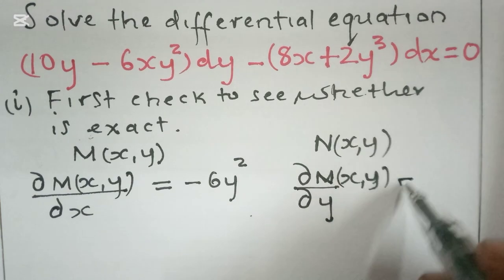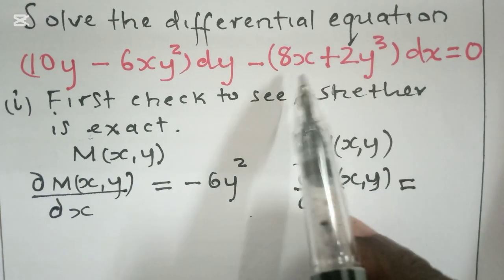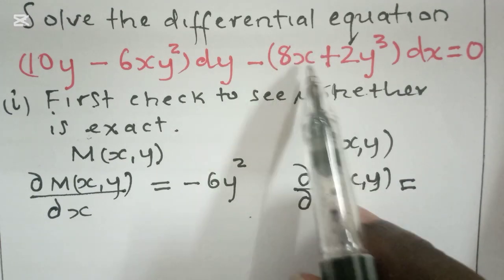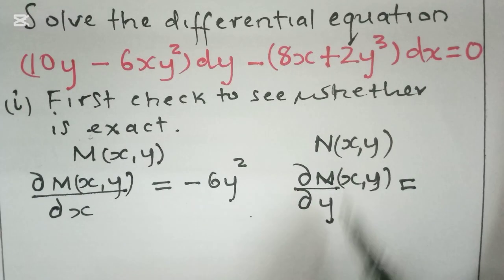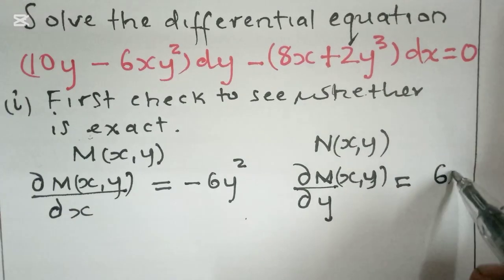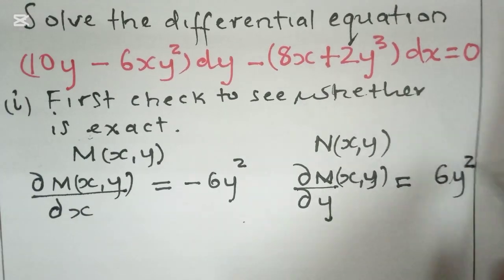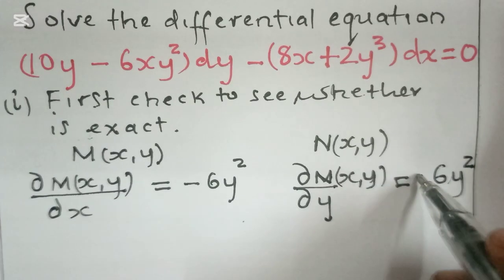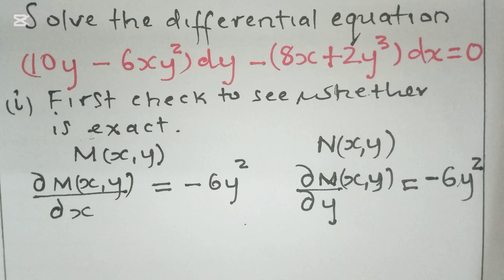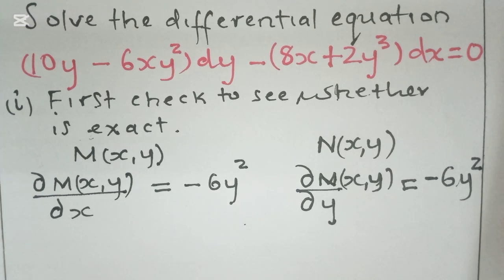We look at this and find this is constant because we are differentiating with respect to y. And so this is now going to be 6y squared. But because of this minus, we put it here. And so guys, this equation of ours passes to be an exact equation.